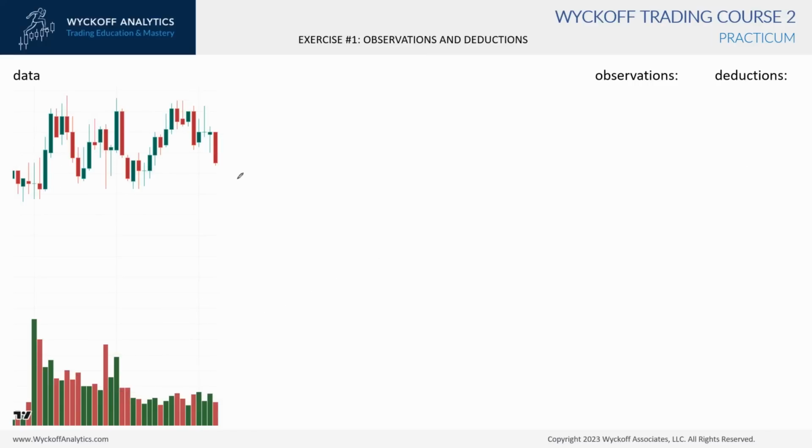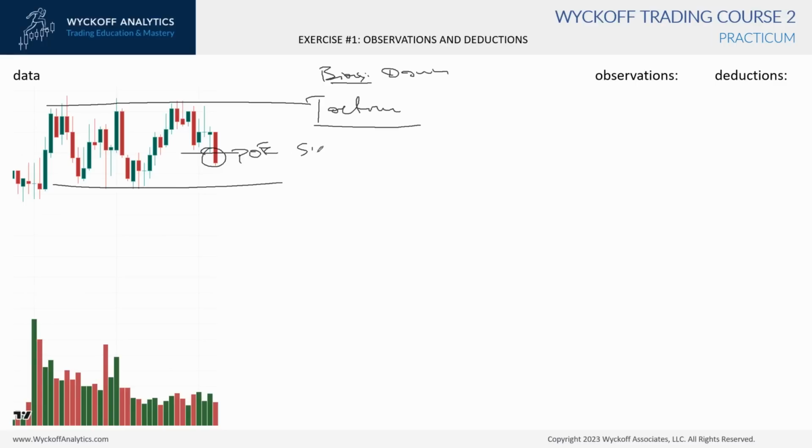So here, if we were to think in terms of the tactics, now that we know the bias, so let's say this is a downward bias, now we could think about the points of entry. Would this be a point of entry? Yeah, this could be a point of entry for us. This is somewhere in the middle of the trading range, so we're thinking more about a sign of weakness type of bar as our point of entry.